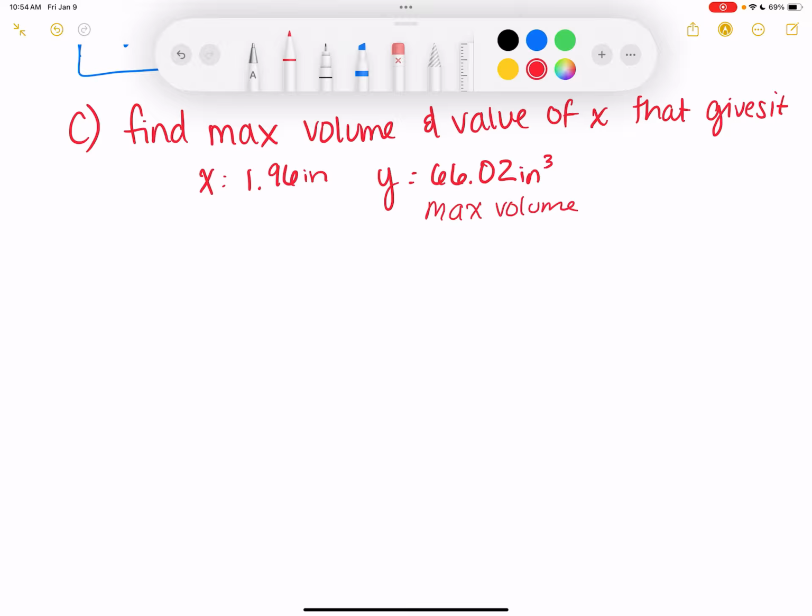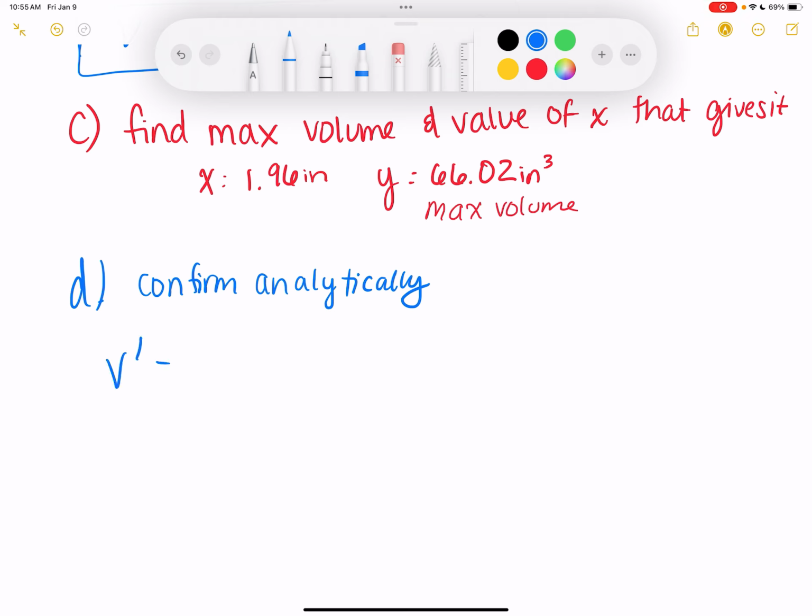So this is really just the answer here. This is the max volume and this is the X value that gives me that value. Okay. Now they technically say to confirm it analytically as part D, and to do that, we would take the derivative of my, I keep wanting to say velocity, my volume equation.